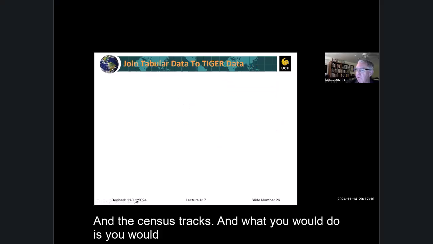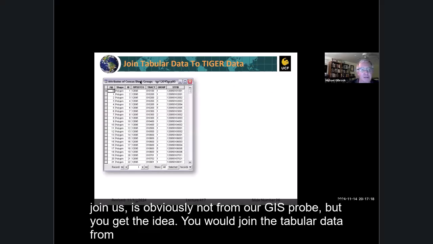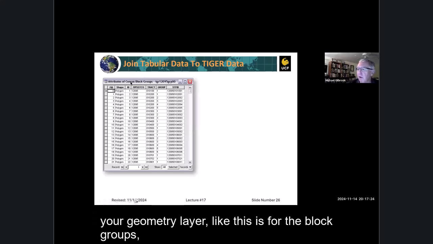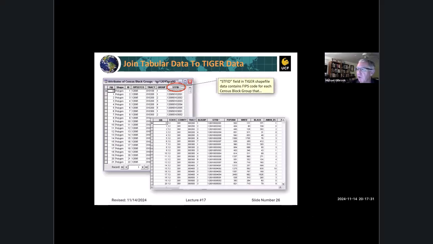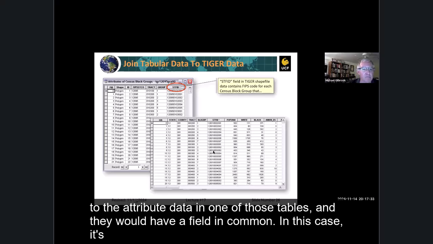And what you would do is you would join, now this is obviously not from ArcGIS Pro, but you get the idea, the tabular data from your geometry layer, like this is for the block groups, to the attribute data in one of those tables, and they would have a field in common.